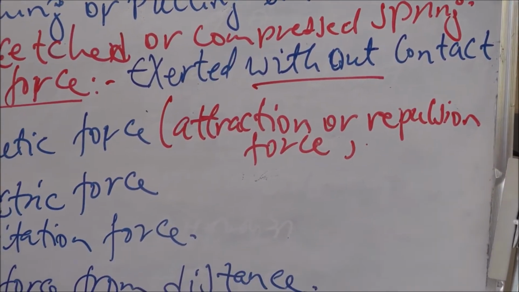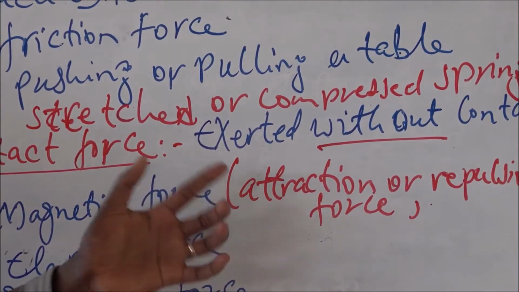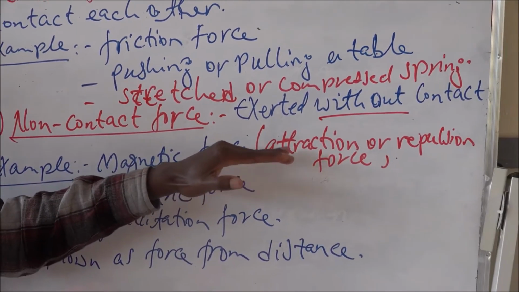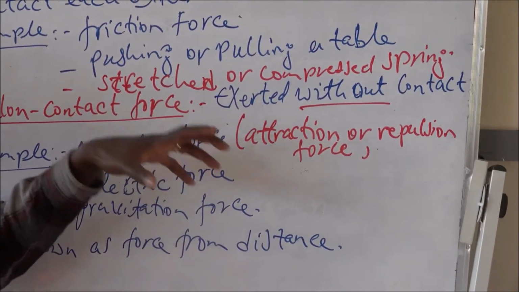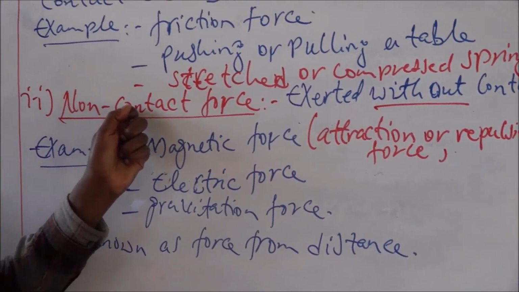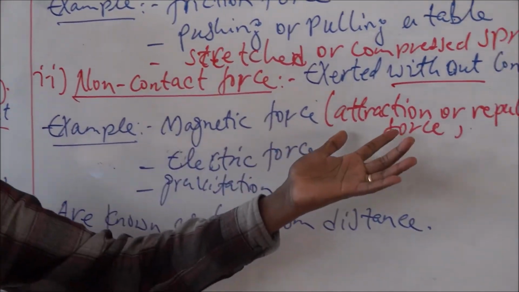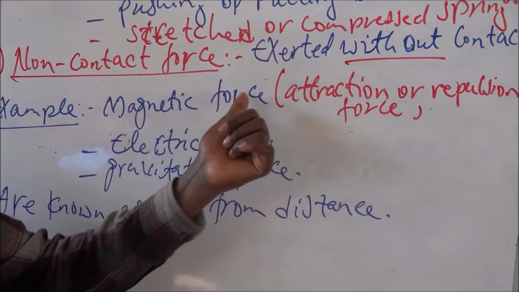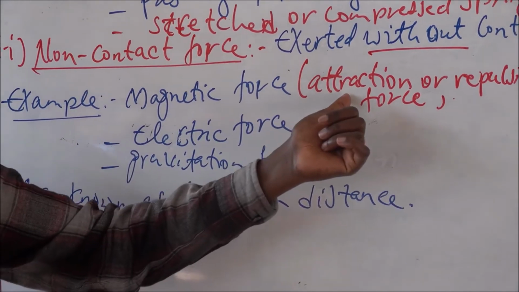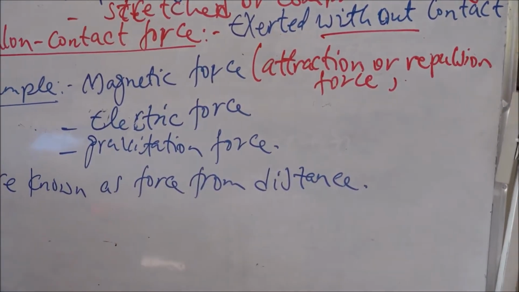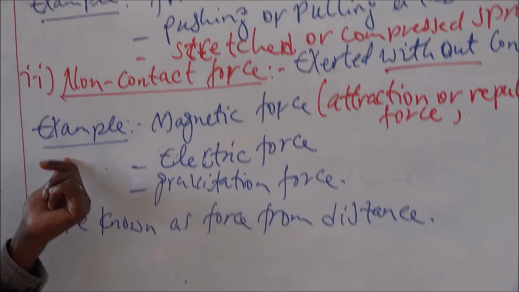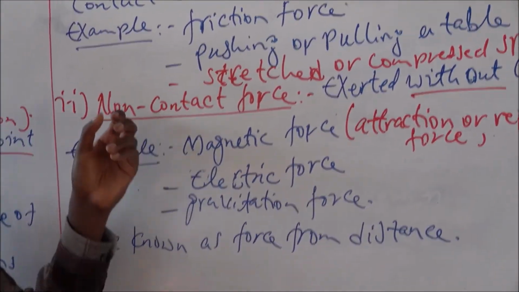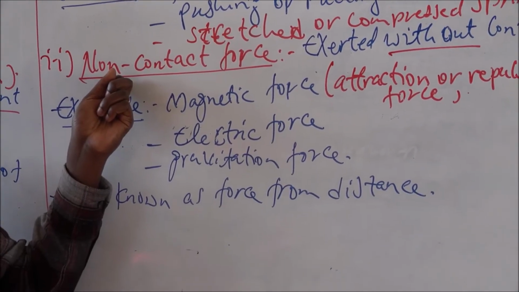It is applied from a distance, that means without contact, a magnet can apply a force. What type of force? Non-contact force. We will see magnetic force in detail. Another one is electric force, which is applied without contact.